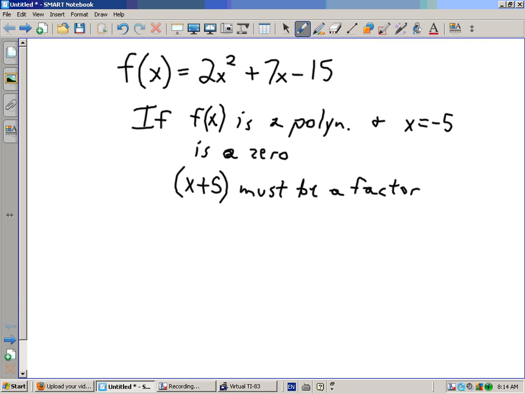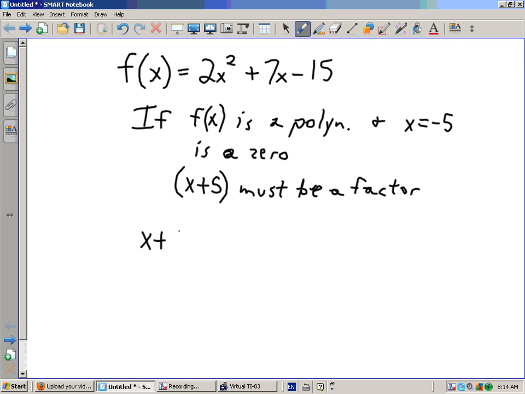So if we were to try and divide x plus 5 into that function here, then what we should expect is that it would go in without a remainder if x equals -5 truly is a 0. Well, let's try it out.